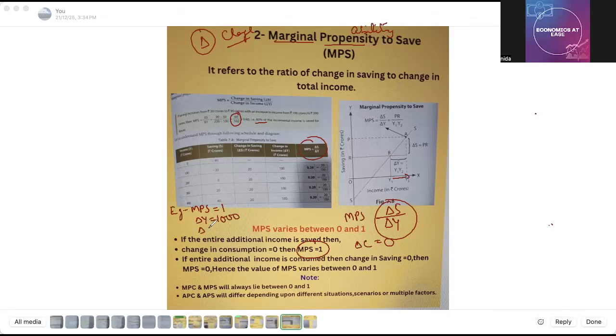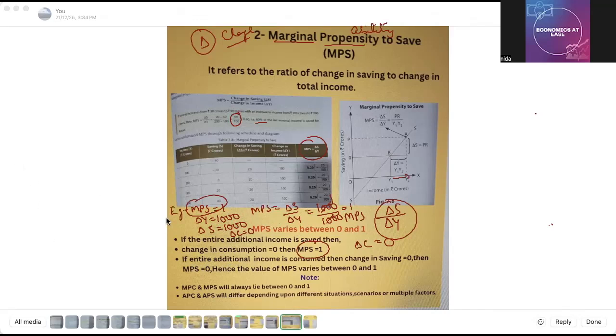Okay, and saving उसने सब सेव कर लिया. ओके, 1000, तो कंजम्पशन क्या हो गया, यहाँ पे 0 हो गया. ठीक है, और फॉर्मूला हमारा क्या कहता है, MPS इज इक्वल टू चेंज इन सेविंग अपॉन चेंज इन इनकम. तो सेविंग कितनी थी आपकी, 1000 थी, और इनकम आपकी कितनी है, 1000. तो ये 1 आ गया. हेंस इट इज प्रूफ दैट MPS कैन बी 1.